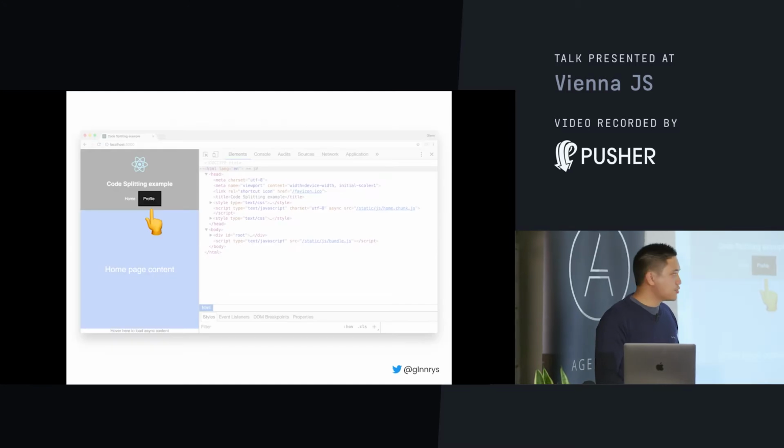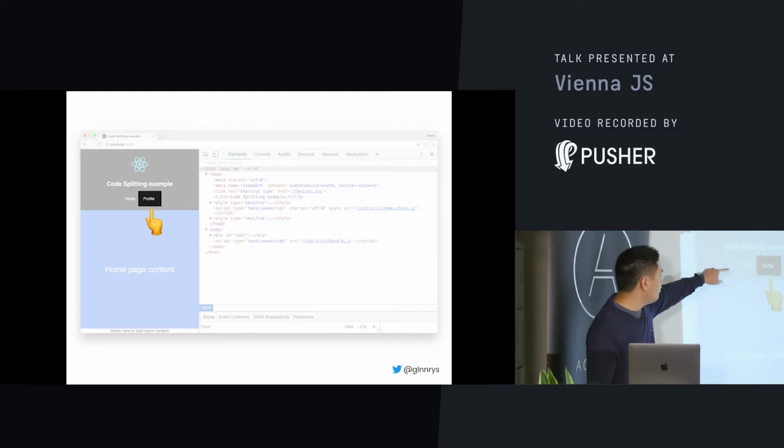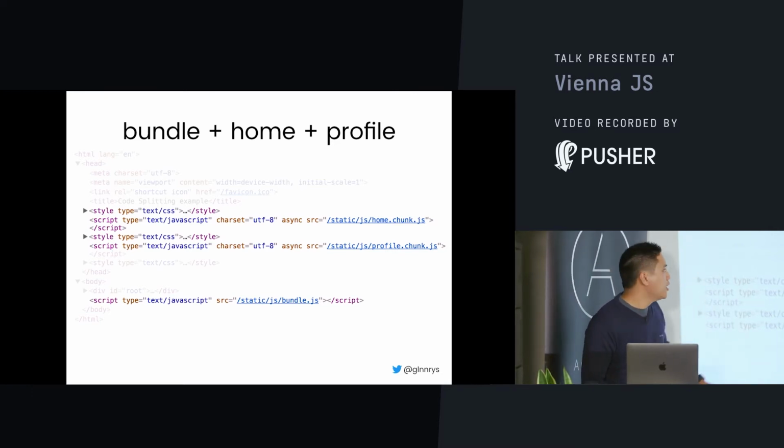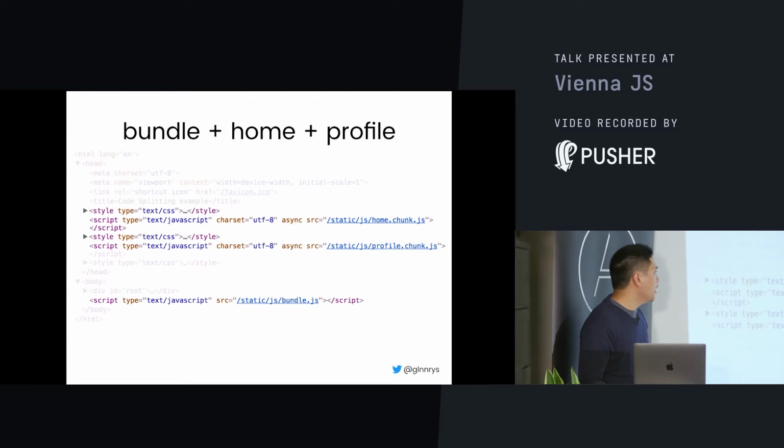So as we click on the profile page while being on the home page, and look at the HTML element tree again, we notice there's now another script tag, which is the profile.chunk.js. The profile.chunk.js is the part that is used for the other route. We notice we now have home.chunk.js, profile.chunk.js, and bundle.js.